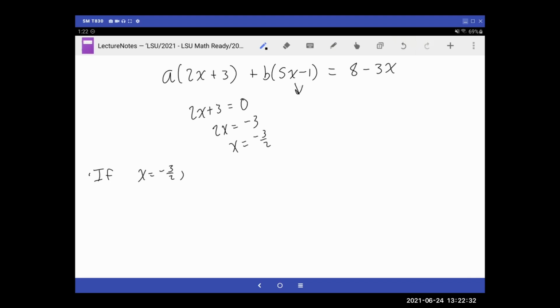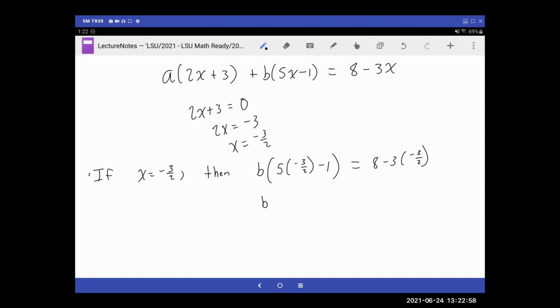This one will be different, right? So that'll be a times negative 3 over 2 minus 1 equals 8 minus 3 times negative 3 over 2. It's ugly to deal with the fractions, but it's still easier than dealing with the system of equations that come up.